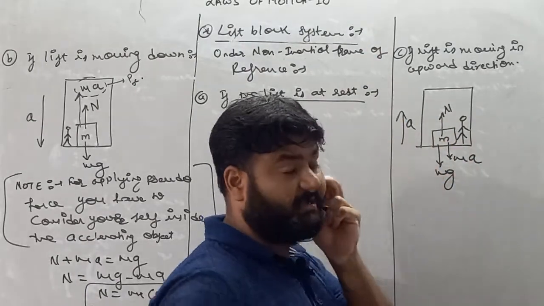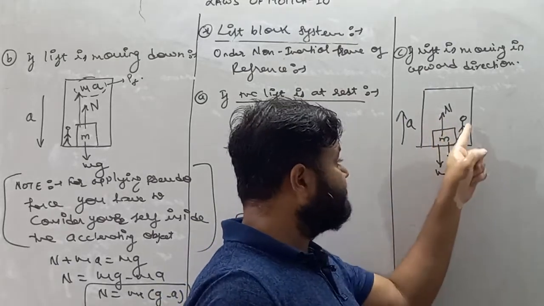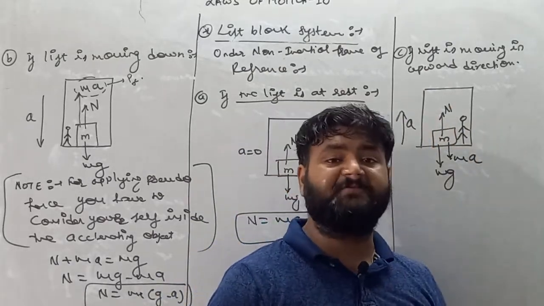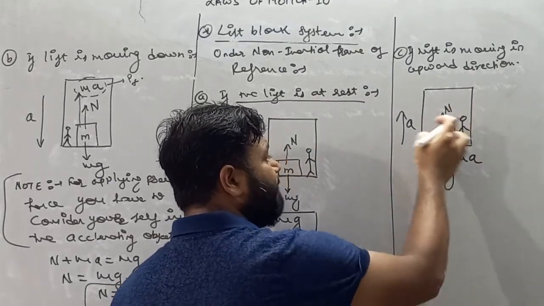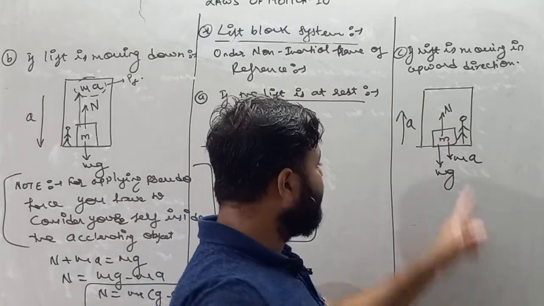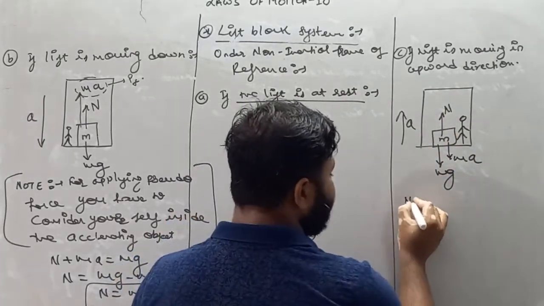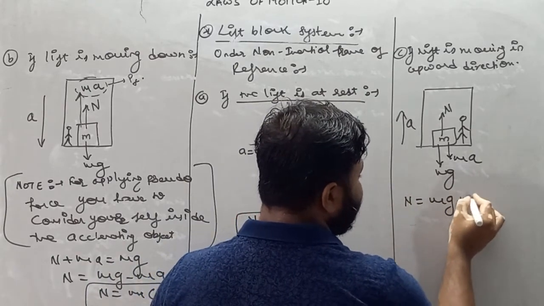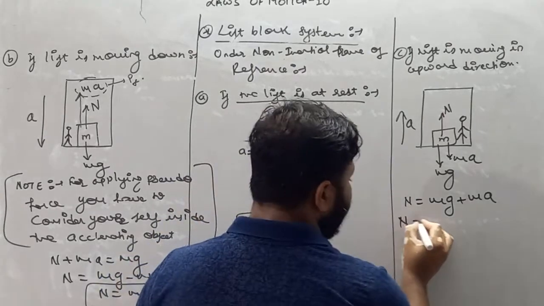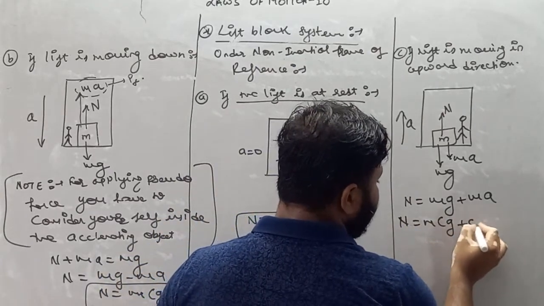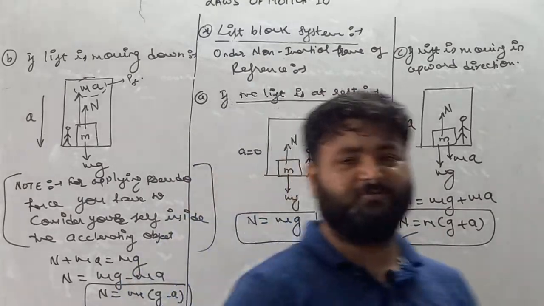The lift is accelerating, but the observer is present inside the lift, so with respect to this observer the block remains at rest. So the observer says the block is in equilibrium, and equilibrium means opposite forces are equal. So N is equal to mg plus ma, that is N equals m(g plus a). This is the value of the normal reaction force with pseudo force, my dear student.